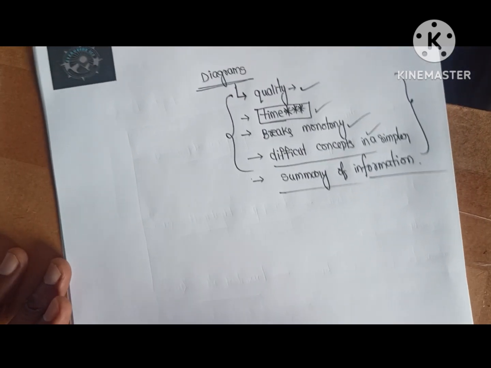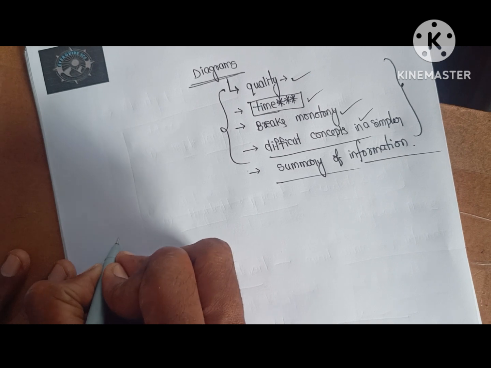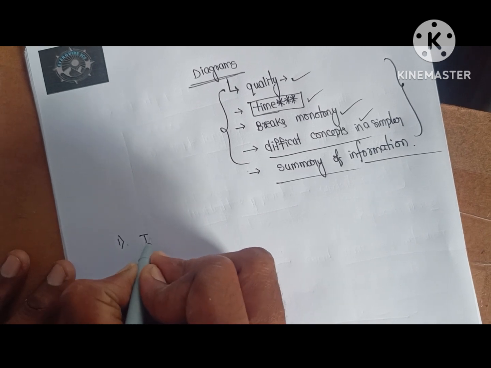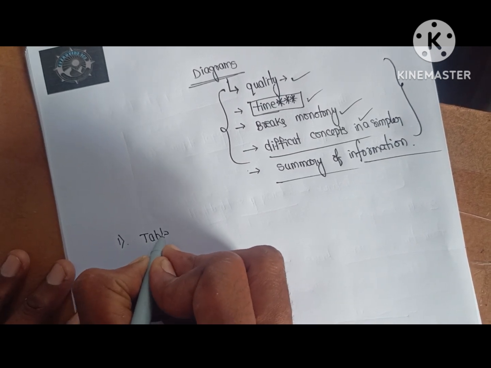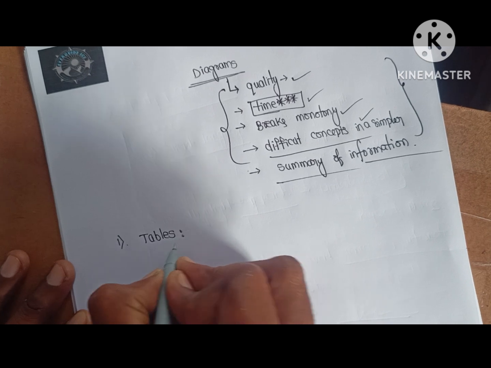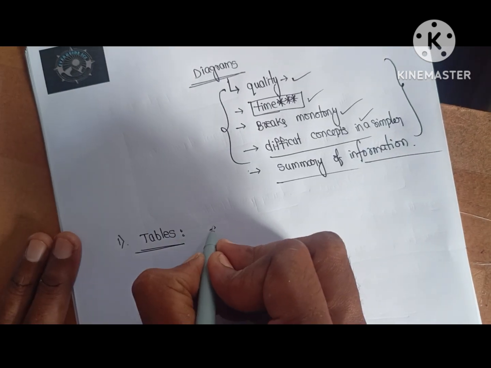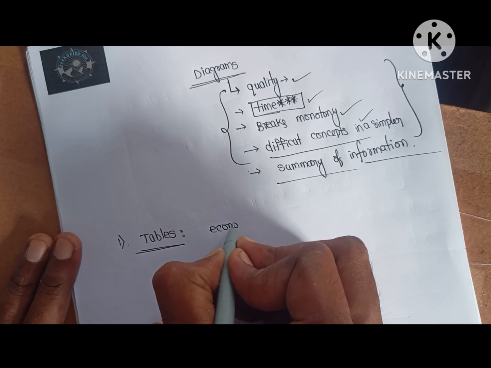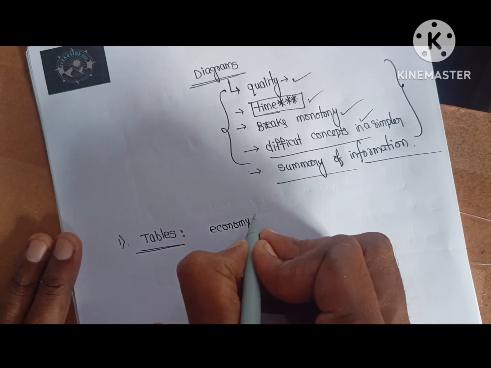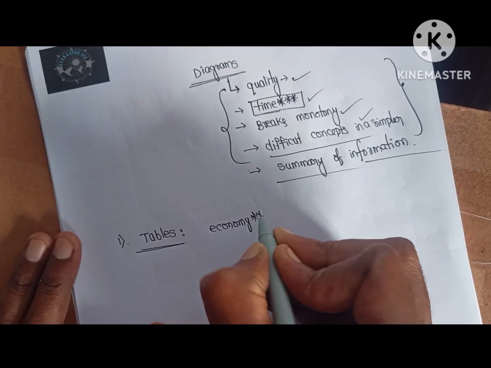Next, the first one is tables. Tables are mostly used in economy answers. It is mostly useful in economy answers.